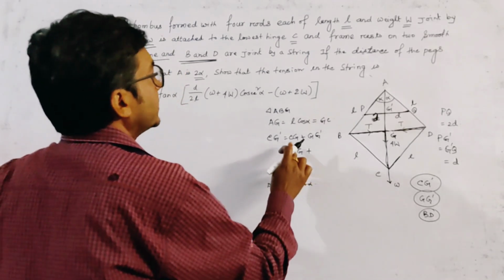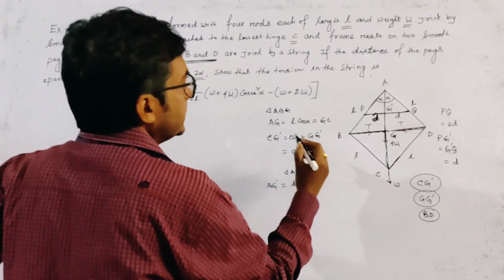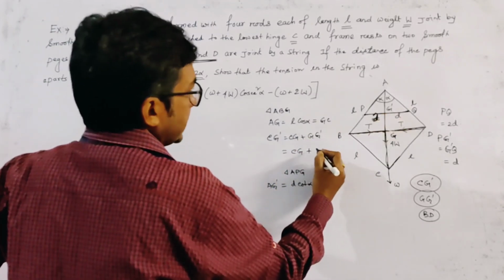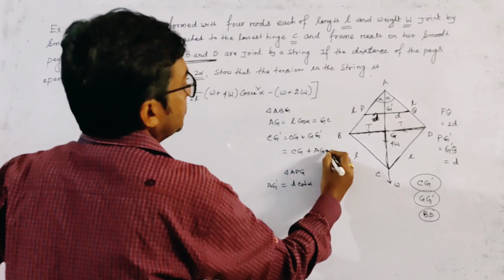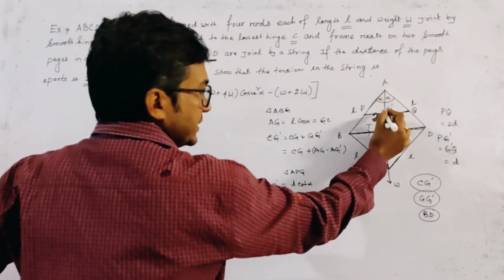And now GG dash can be written as AG minus AG dash.